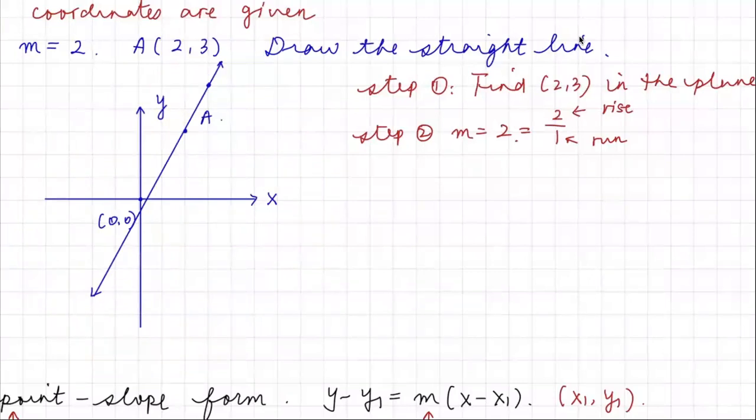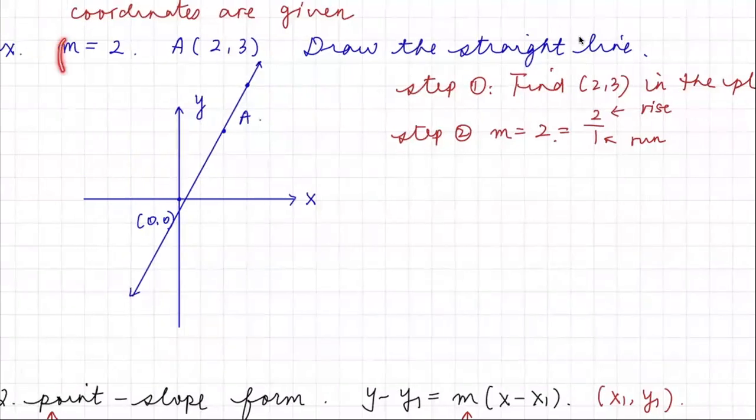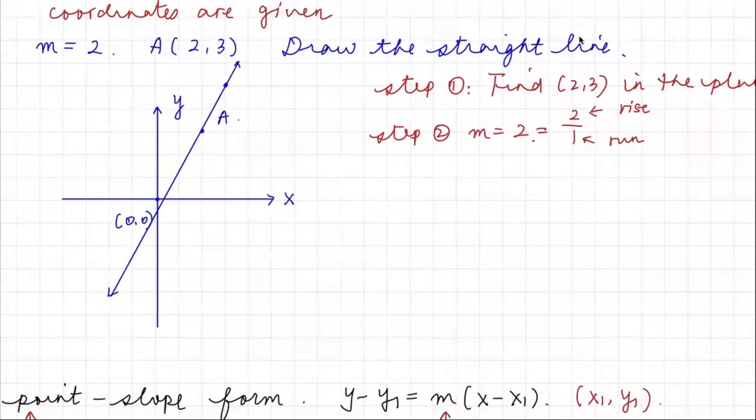So basically, when you're given the slope of a straight line and 1 point, remember, the first step is always to find the given point 2, 3 in the coordinate plane, and then use the slope information to find the second point. If the slope is an integer, then you need to write it as a fraction over 1.